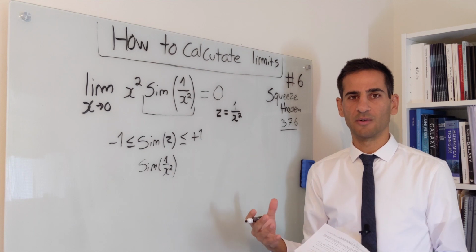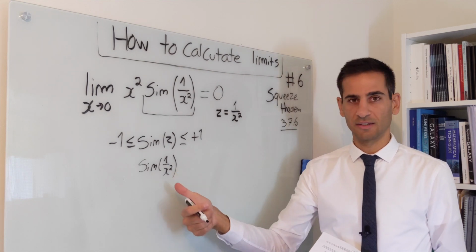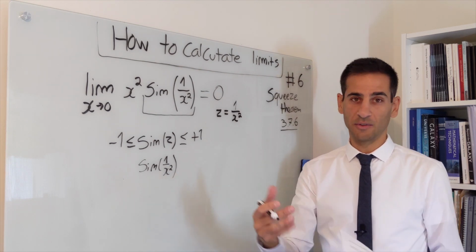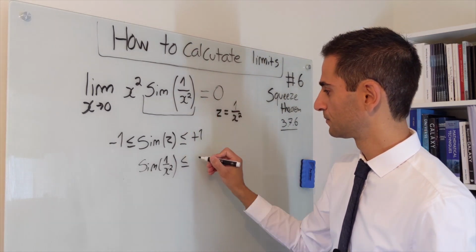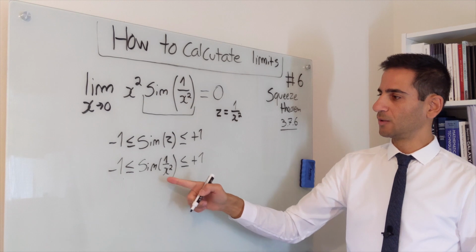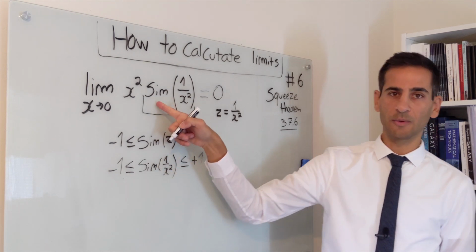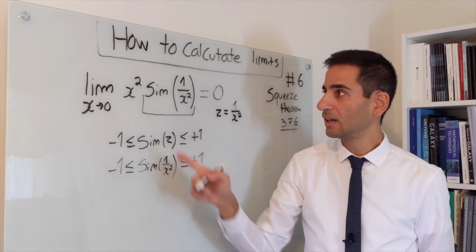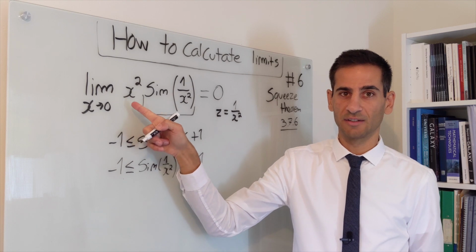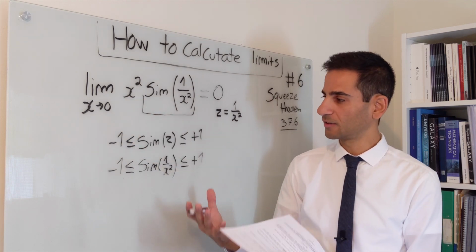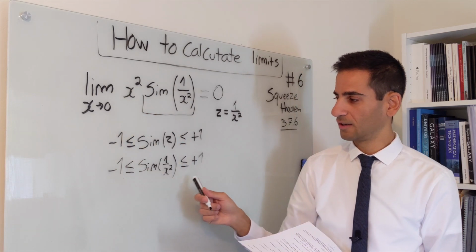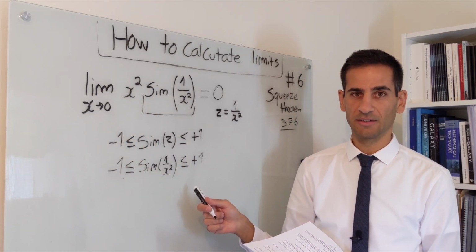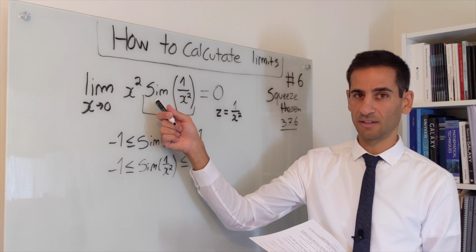In a mathematically rigorous way, this is only true provided that x never equals 0, which is fine because we'll go for a limit. What we can then do is, if we look at this expression and the one we want to calculate the limit for, the only difference is x squared.